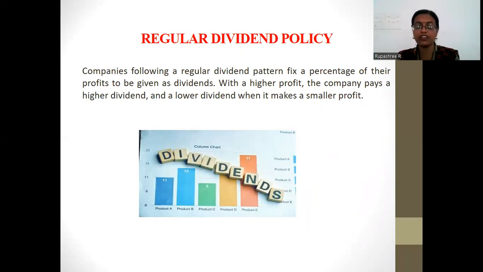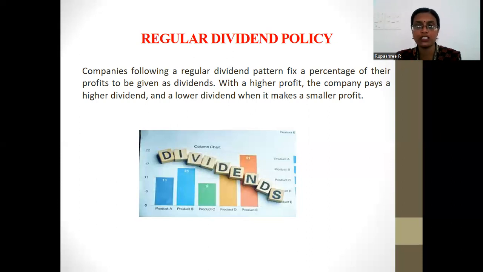If the regular dividend policy that the company follows is, let's say, 10%, that means out of 1 lakh of profit, 10% of the profit will be paid as dividend, which is 10,000. Similarly, if the organization receives 2 lakh as profit, the amount of profit can fluctuate, but not the percentage of dividend that is to be paid to the shareholders.